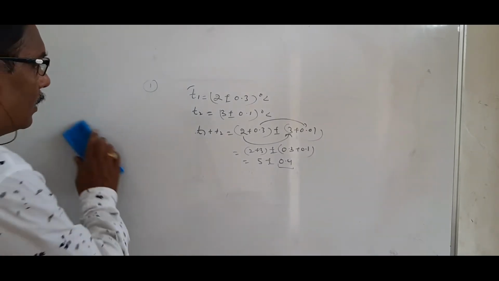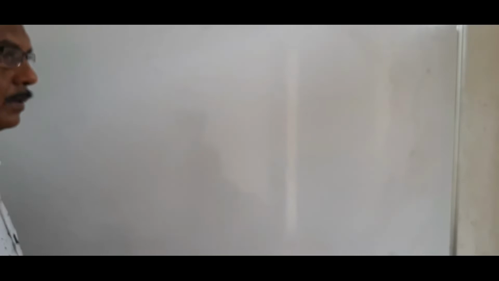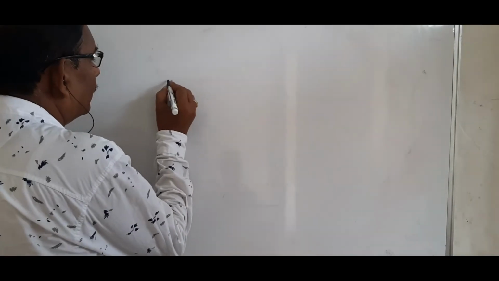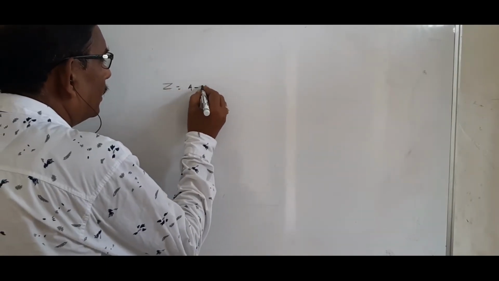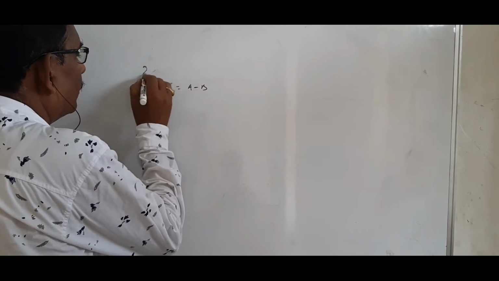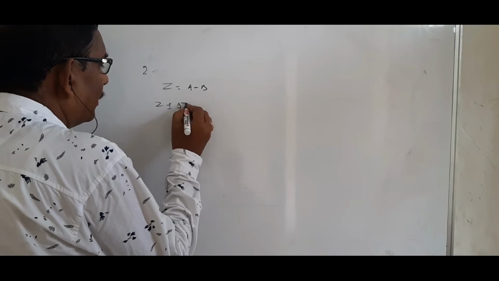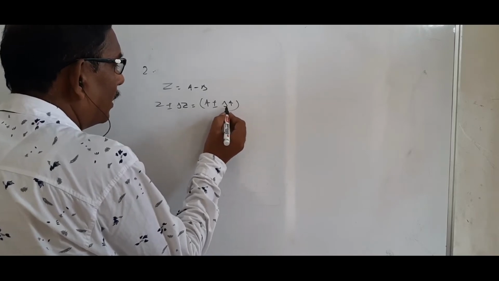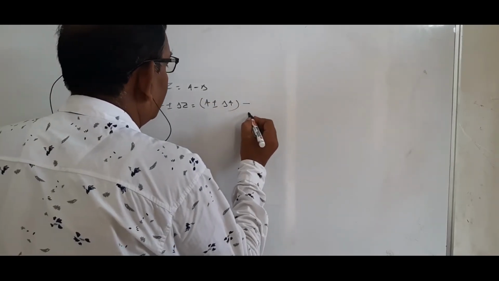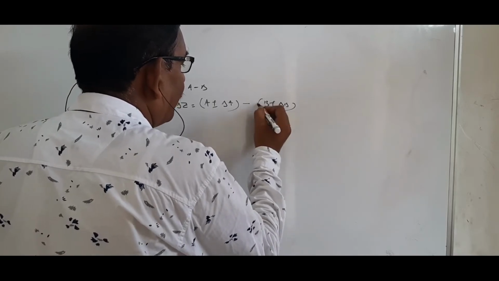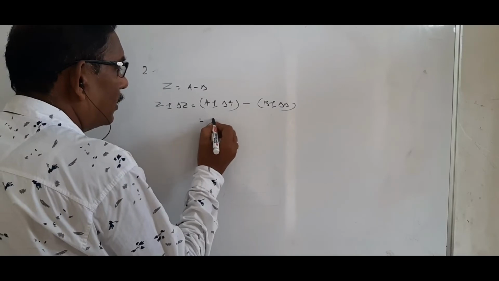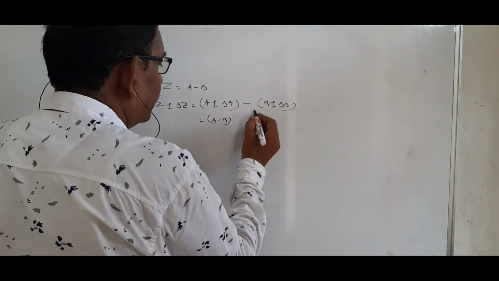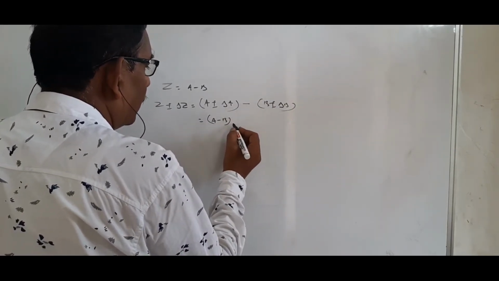Okay. Now next is the difference of two measured values. Similarly, take Z equal to A minus B, or Z plus minus delta Z equal to A plus minus delta A, the absolute error of A, minus B plus minus delta B, the absolute error of B. So A minus B. Now what does the value become? This is most important. Clear?